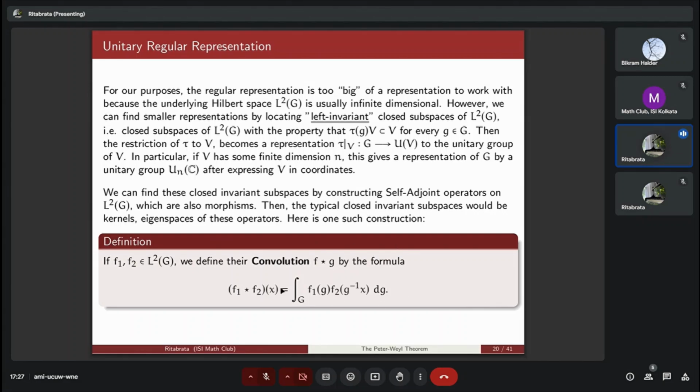In this case, it's something more general, but it's still not difficult to guess. One nice thing is that this function always becomes continuous. Not in every case, but for real numbers, I remember that even if they are only integrable functions, their convolution always becomes continuous. Convolutions behave very nicely. Using this convolution, we will try to construct a self-adjoint operator, which is a morphism on L2(G). This is our next target. Is this clear till now?